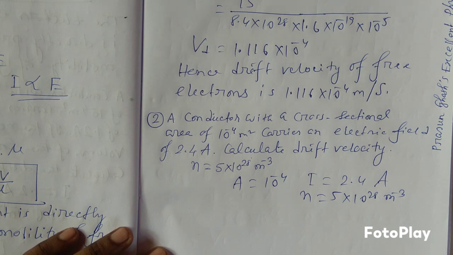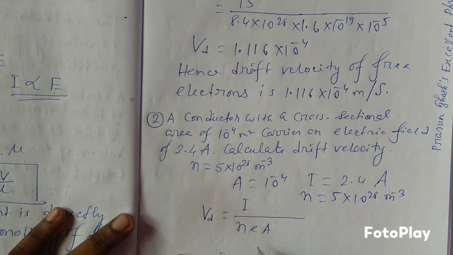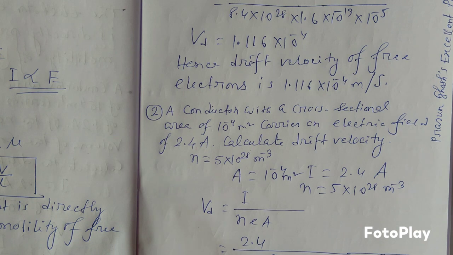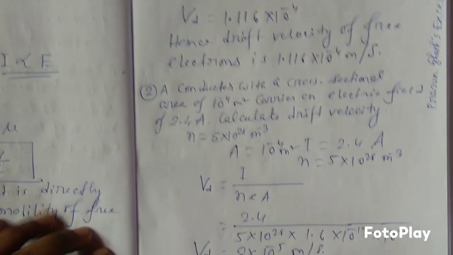So with the help of the relation Vd equal to I by NEA, putting the value of I, that is 2.4, N, E that is 1.6 into 10 to the power minus 19, and A that is 10 to the power minus 4, we get Vd equal to 3 into 10 to the power minus 5 meter per second. So this is the drift velocity.